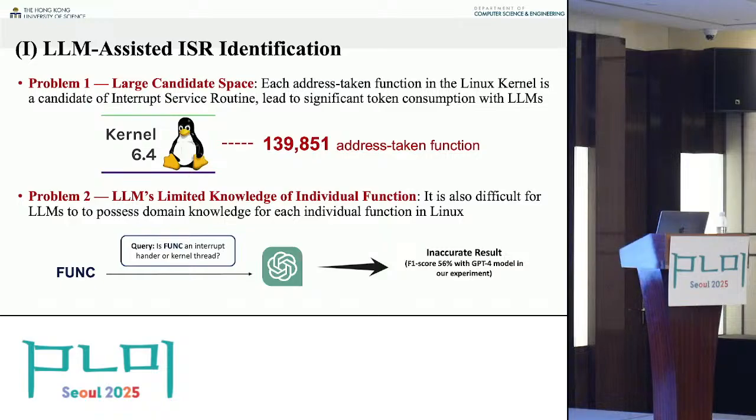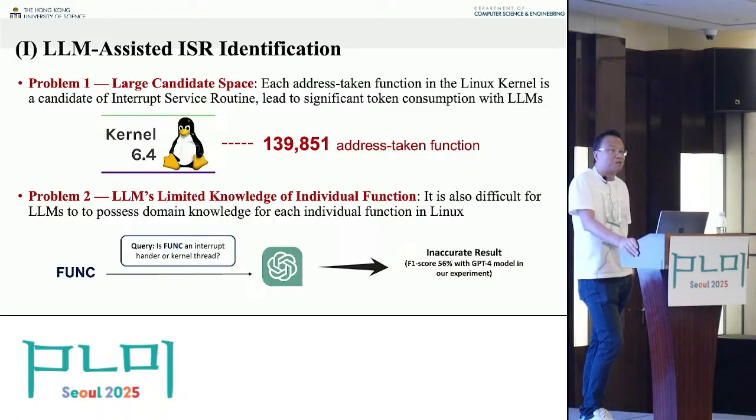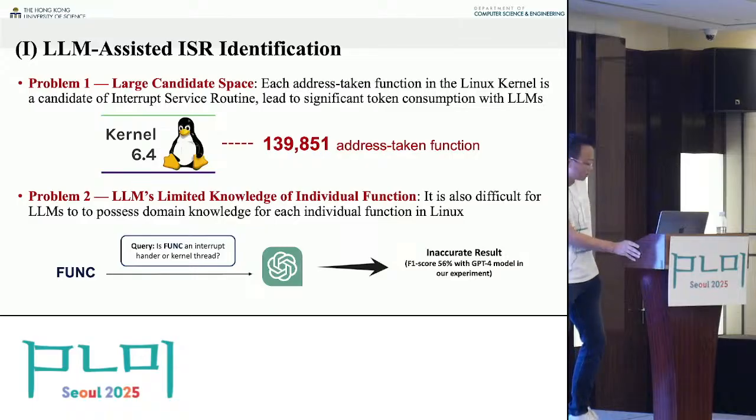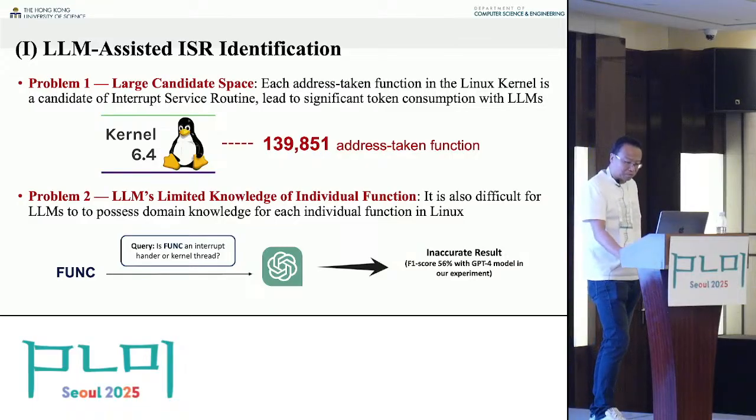Of course, the first job in doing this is to find out where the interrupts are. When we process the flow, we have to find out what functions represent interrupt handlers. That's the first task.